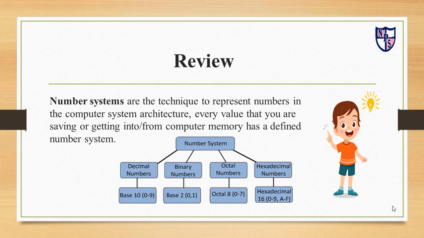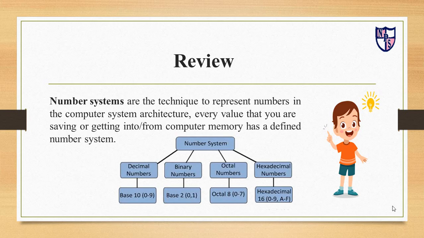The last one is hexadecimal number system. A hexadecimal number system has 16 alphanumeric values from 0 to 9 and letters A to F. Each number is represented with 0, 1, 2, 3, 4, 5, 6, 7, 8, 9, A, B, C, D, E and F in this number system.